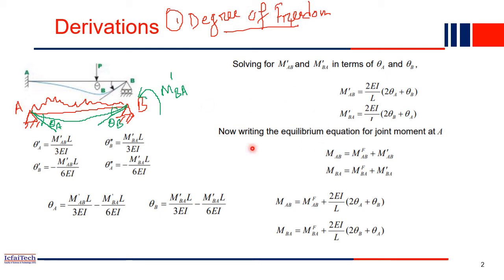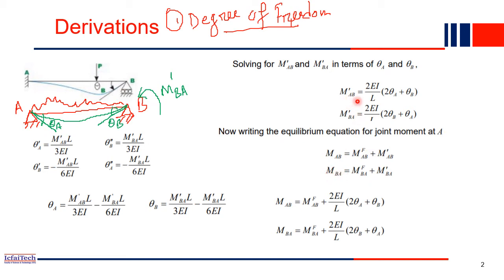So the net moment at A, MAB, is nothing but the fixed end moment plus M'AB. Similarly, the net moment at B will be the fixed end moment at BA plus M'BA. Right, so these are the net moments MAB and MBA.